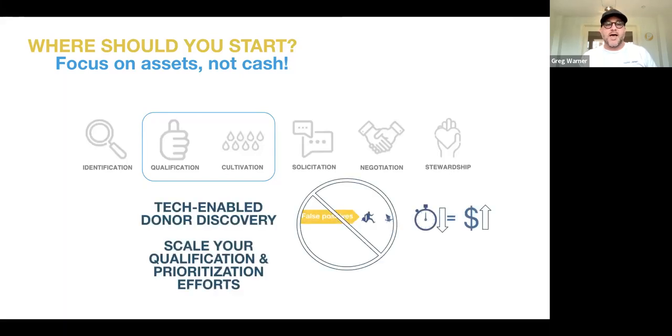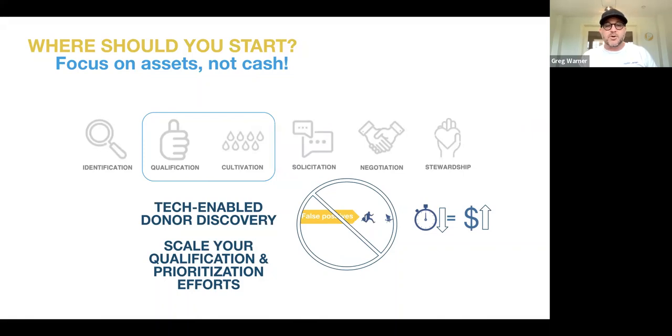Okay, so what I call tech-enabled donor discovery is part of the qualification process. You can use technology to conduct donor discovery at scale through automation. Generally we do that through automated surveys and automated emails after that.